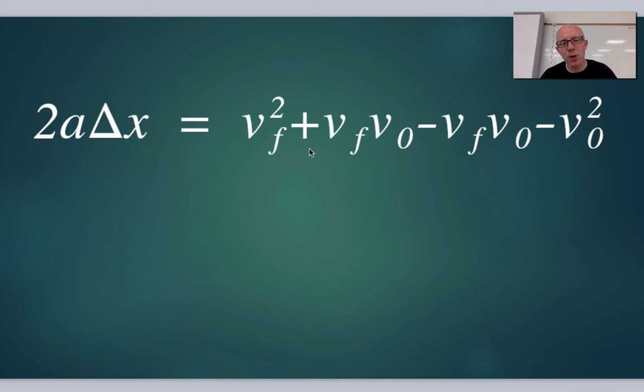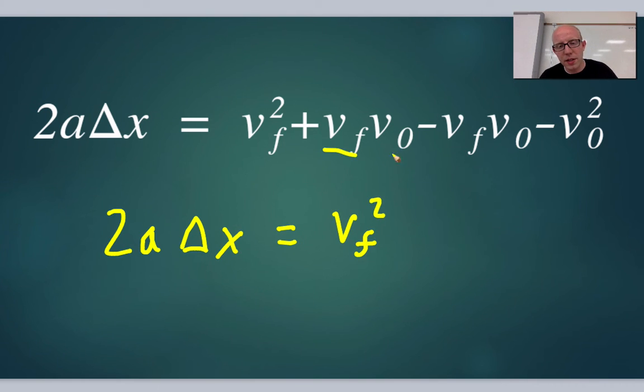Okay, that's the full form of multiplying that all out. But notice the nice thing is that when we do that, everything right here, this and this, just subtract from each other. And so we're just left with v final squared minus v naught squared.